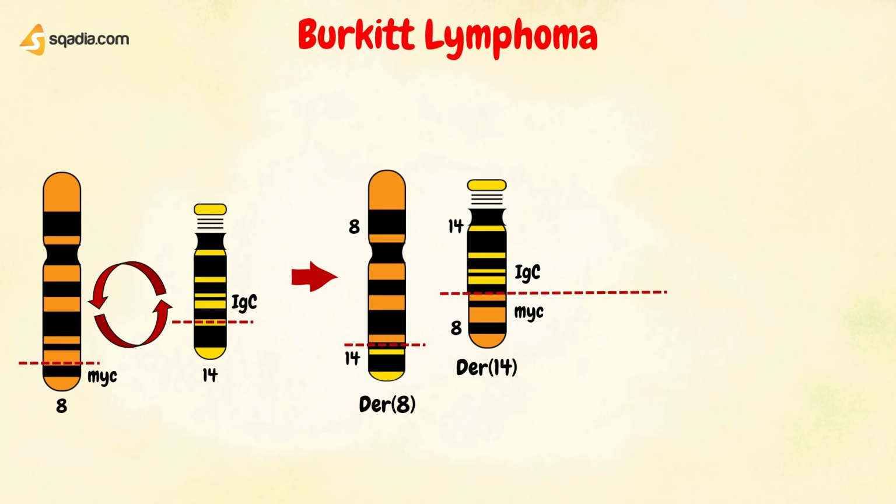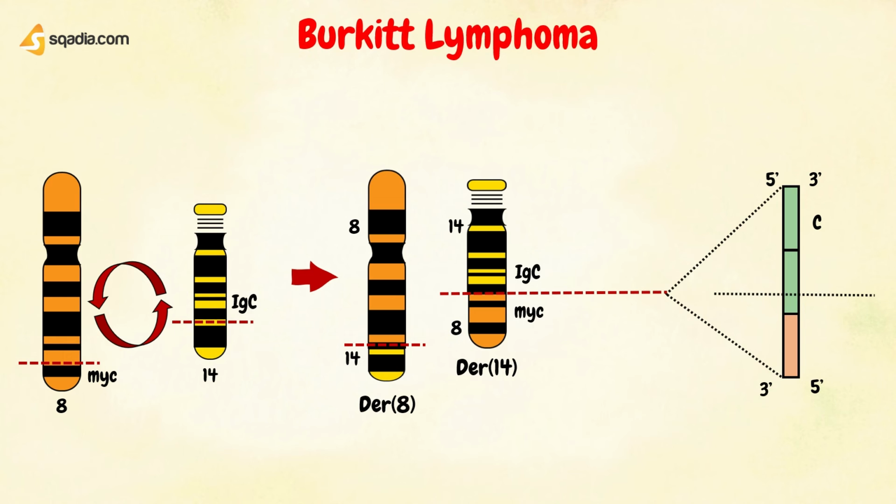This part of chromosome 14 codes for immunoglobulin C chain, but this part of chromosome 8 codes for cellular myelocytomatosis. Close proximity of cellular myelocytomatosis to an enhancer for the immunoglobulin C chain causes its overexpression in lymphoid cells. Cellular myelocytomatosis is a family of regulator genes and proto-oncogenes that code for transcription factors.